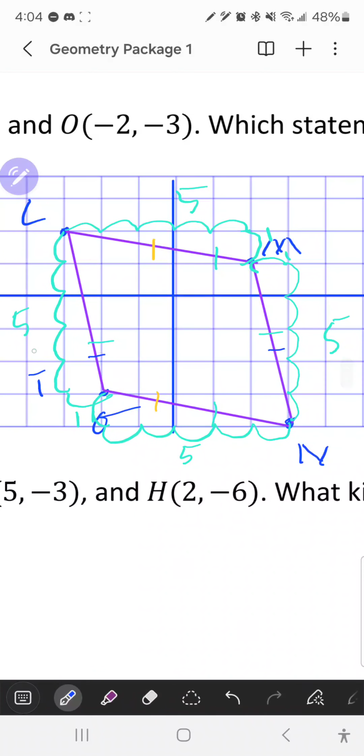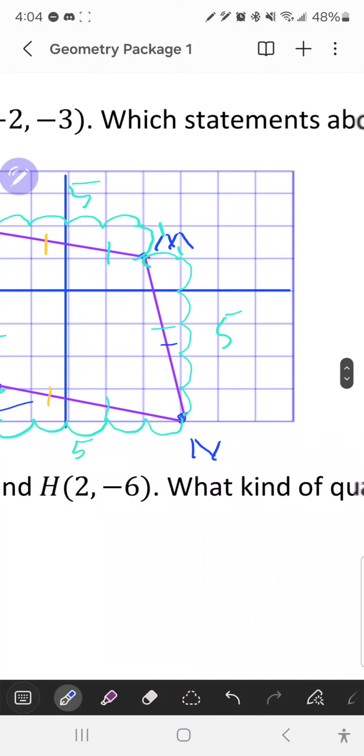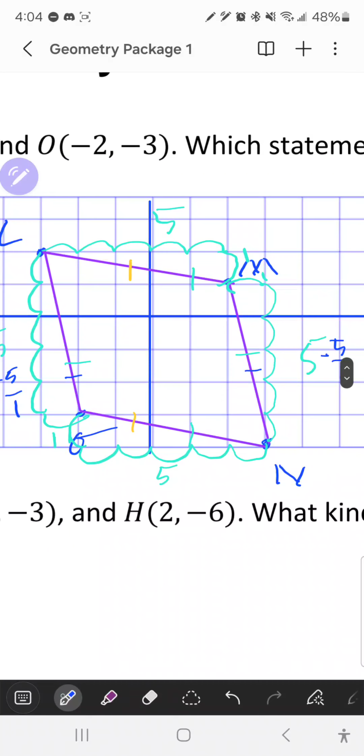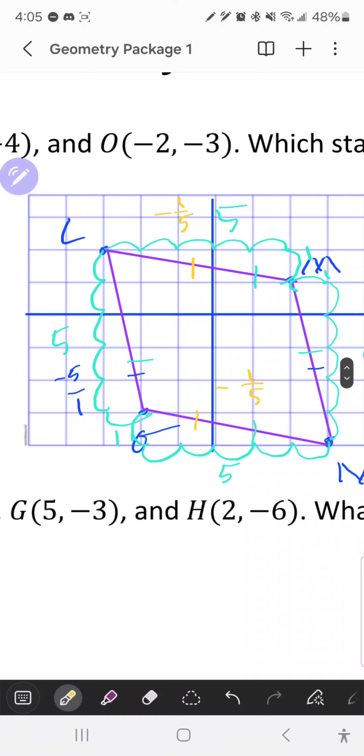Since it's going down, it's going to be -5 over 1. And here it is the same, 5 over 1, and it's going down, so it's negative. So they have the same slope. And for this one, it's going to be 1 over 5, rise over run. It's negative because it's going down, so they have the same slope.